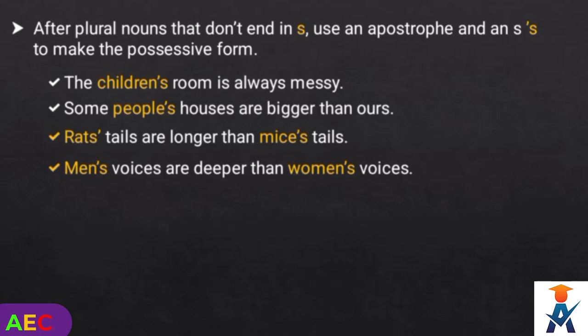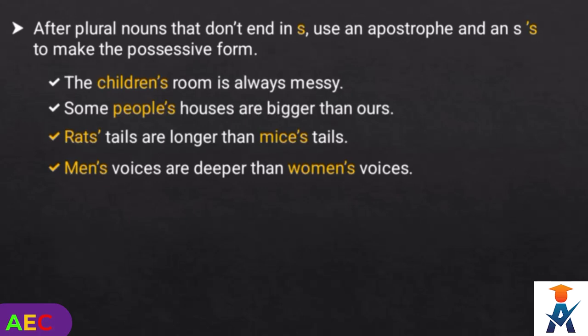Look here. Rats' tails are longer than mice's tails. You see here, rats ends with s. So we use s apostrophe to show that their tails are longer than the mice's tails. The word mice does not end with s, so we use apostrophe s.